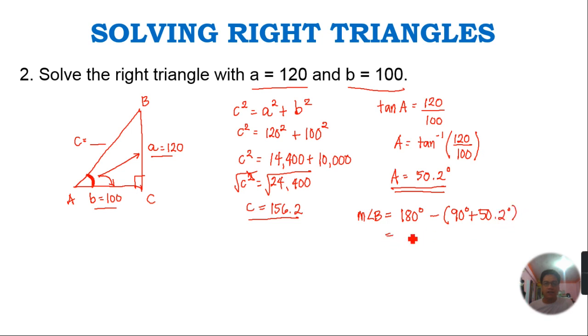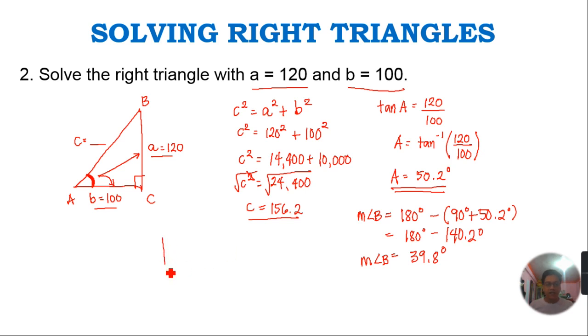So 90 plus 50.2 is equal to 140.2 degrees. Then let's subtract. So 180 degrees minus 140.2 is equal to 39.8 degrees. Okay, so we have now our value for B, and our figure is already complete.